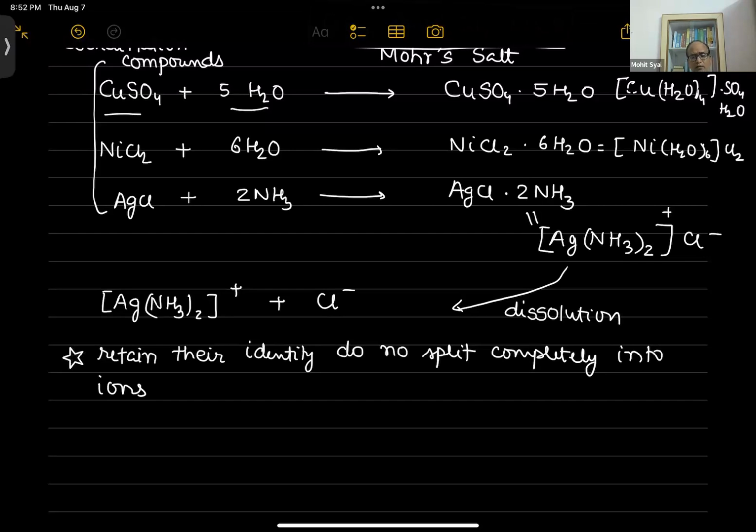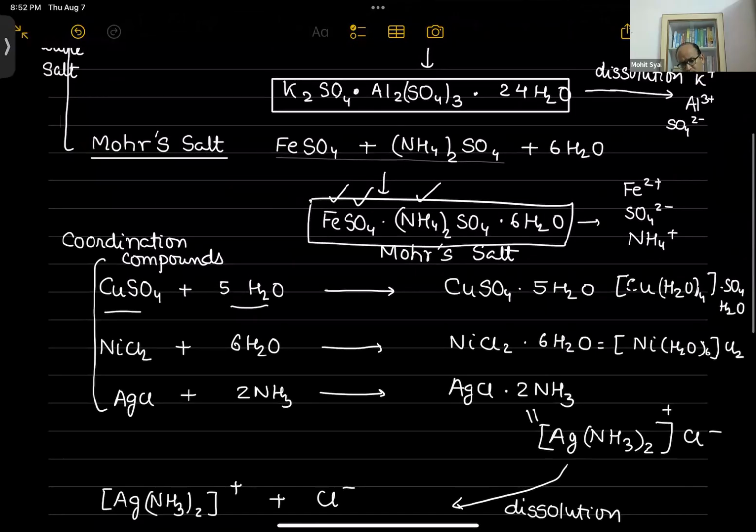Coordination compounds do not break completely into their constituent ions like the double salts.